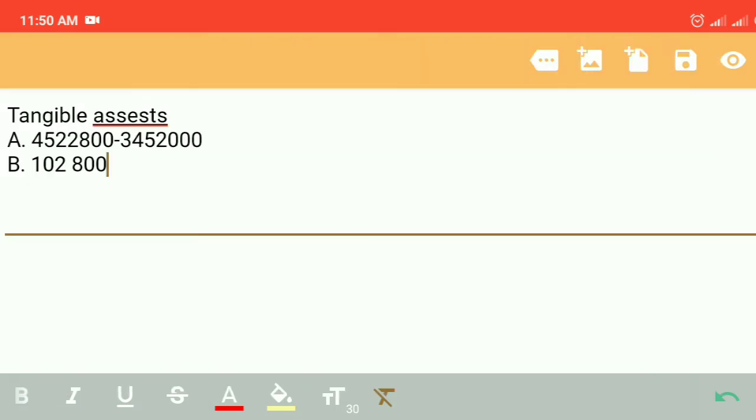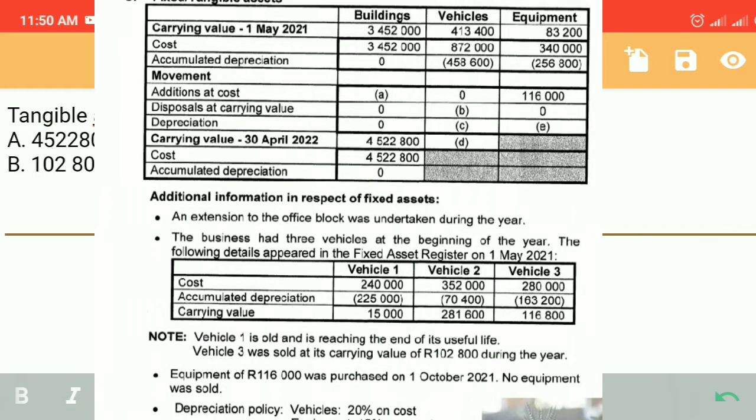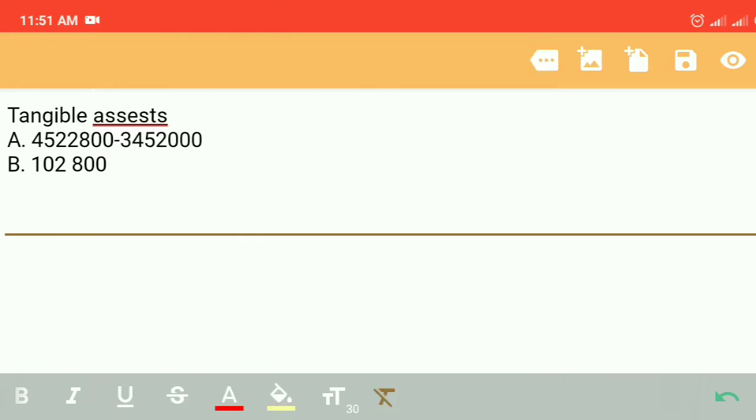So we are taking it from the transactions: note, vehicle 3 was sold at its carrying value of 102,800 during the year. You just put that 102,800.